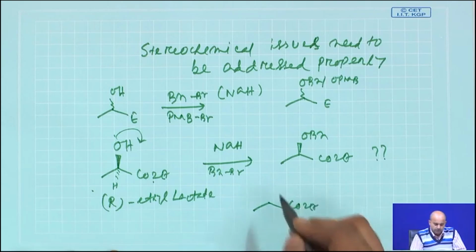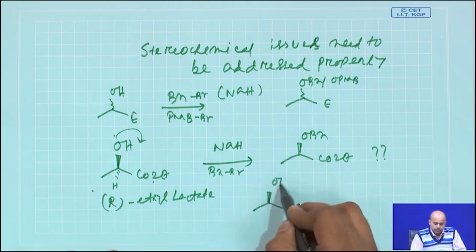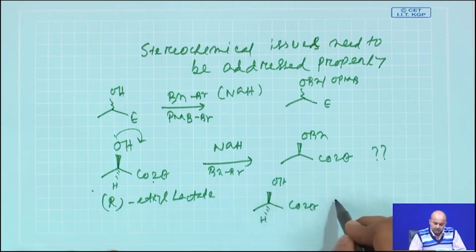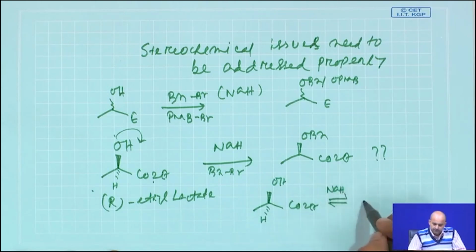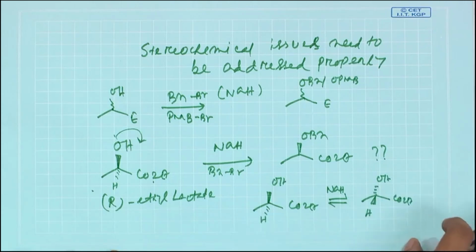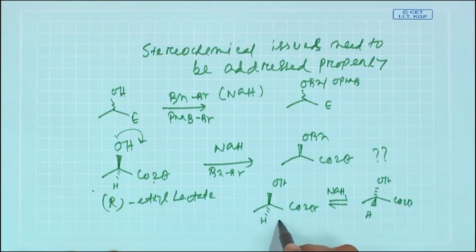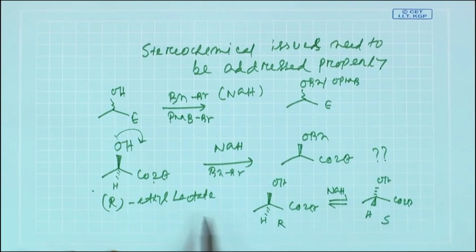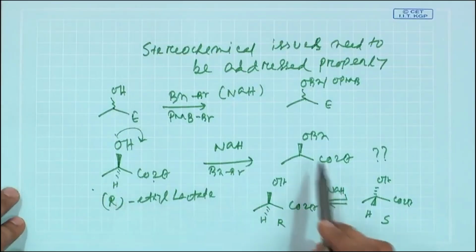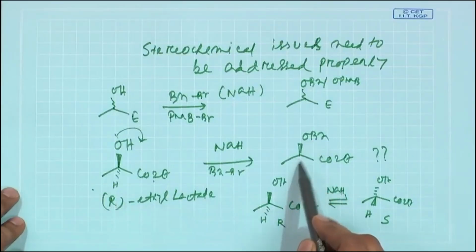That is an absolutely serious issue that needs to be considered. If you treat this molecule with a strong base like sodium hydride, it epimerizes to give the enantiomer. If this compound is R, the other is S. Under the reaction condition, the enantiomers are in dynamic equilibrium. So, if you start with R, you might get this product, but the center might be inverted.